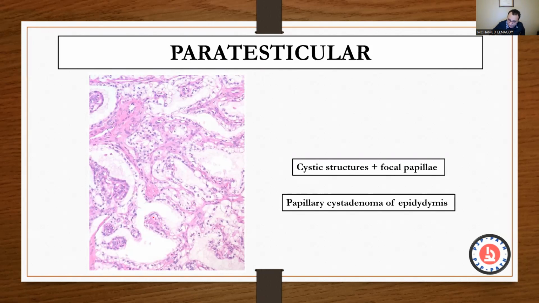And you see these focal papillae. These papillae are protruding in cystic spaces, and that's why they call it cystadenoma. So these cystic structures are lined by some clear cells. It has some papillary projection, so it's papillary cystadenoma of the epididymis. It exists in the epididymis.